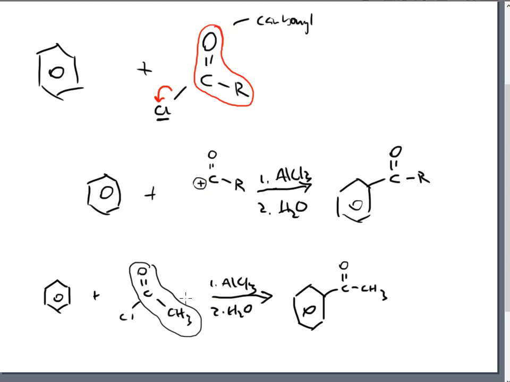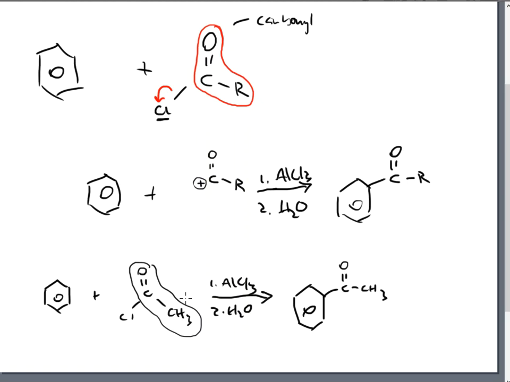It's no more difficult than adding a bromo on, or adding a chloro on, or adding an iodo on, or adding an NO2, or adding an SO4H pretty much, right? It's no different than any of these. But it's the mechanism that might be slightly weird.